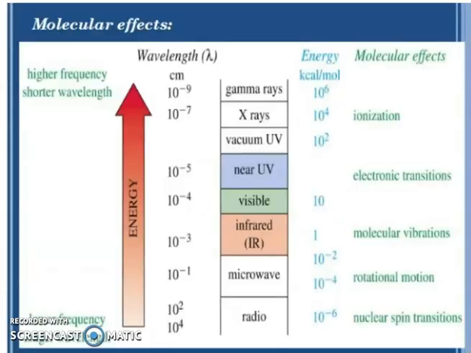You can see the higher the frequency, the shorter the wavelength; the lower the frequency, the longer the wavelength, an opposite relationship. The molecular effects are ionizations, electronic transitions, molecular vibrations, rotational motions and nuclear spin transitions, across gamma rays, X-ray region, vacuum UV, near UV, visible, infrared, microwave and radio wave, and this is the level of energy.